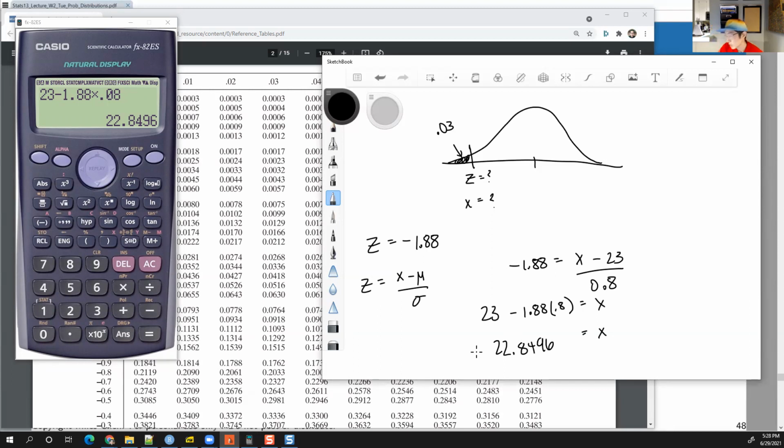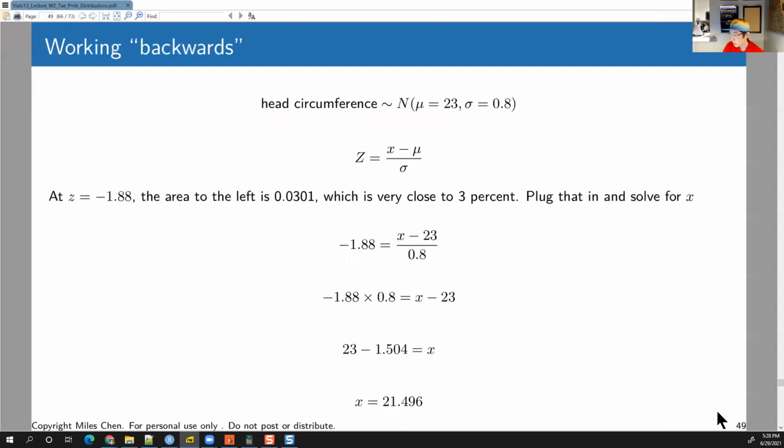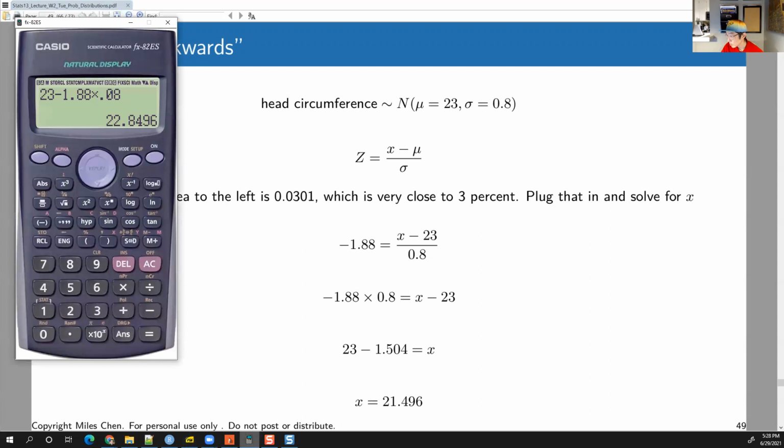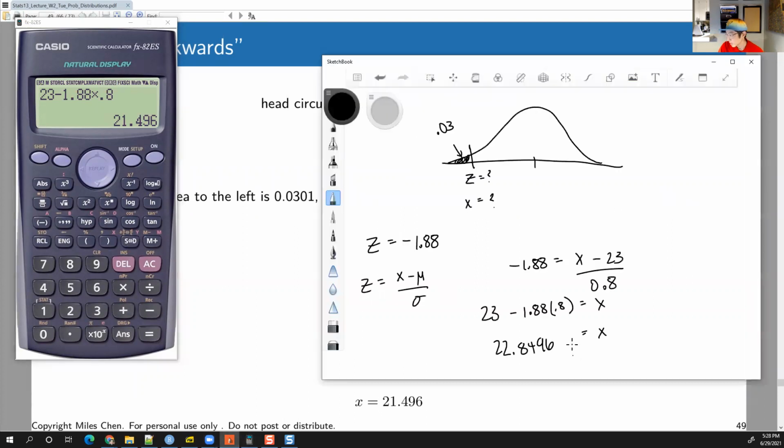But, oh, what did I do? Did I mess something up? 23 minus, oh, I typed in 0.08. That's okay. All right, 21.496. That's better.